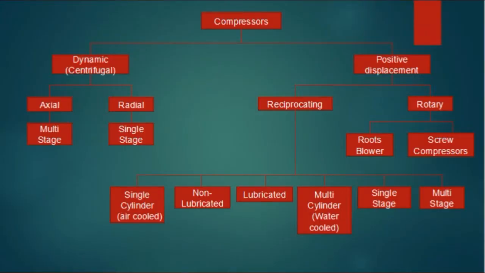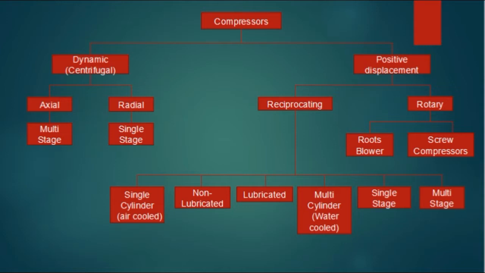As you can see there, compressors are divided into two: dynamic, also known as centrifugal, and positive displacement. Under dynamic or centrifugal, there are two: axial and radial. Under axial, it has multi-stage. Under radial, they will have a single stage.